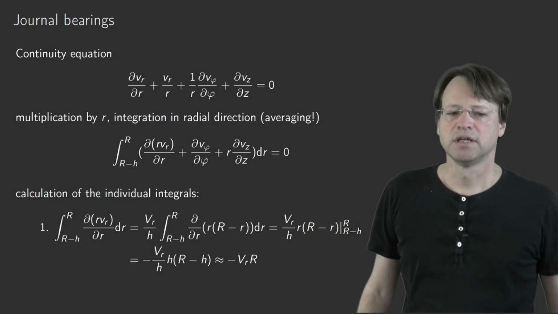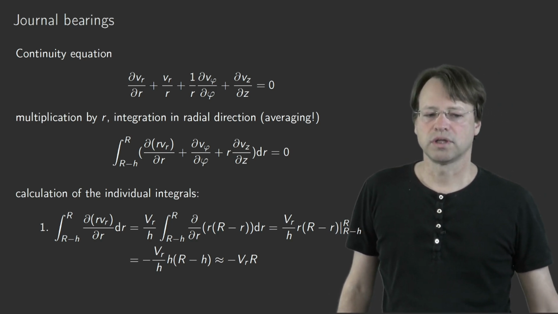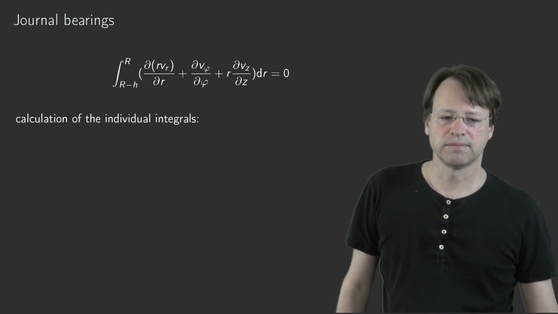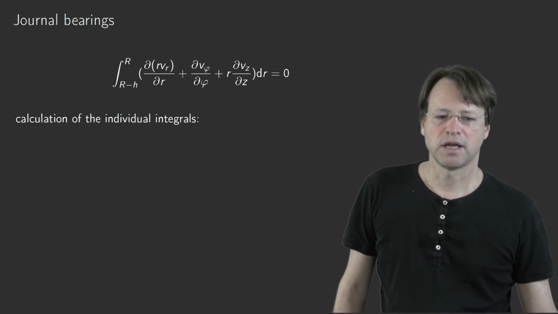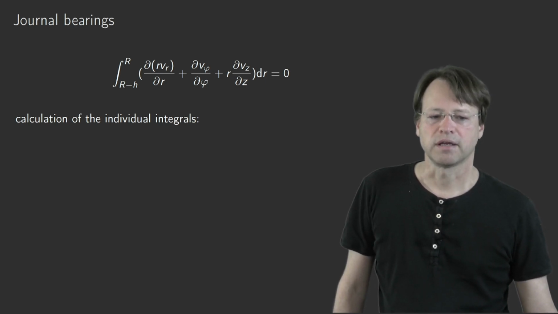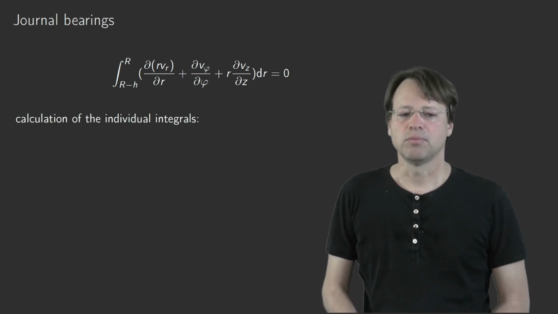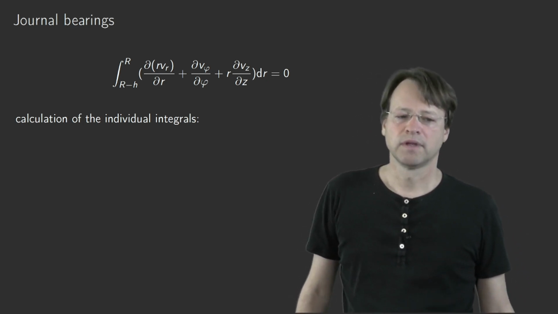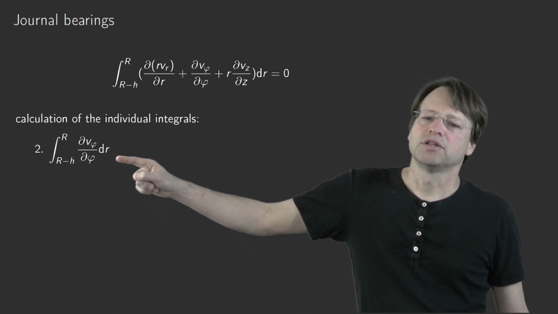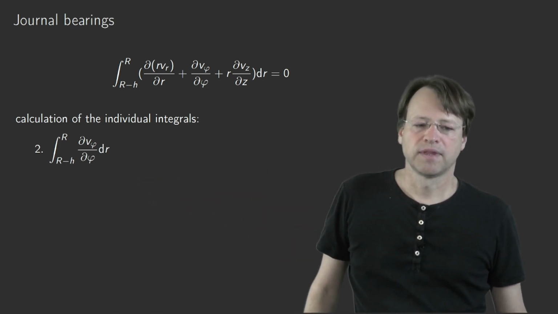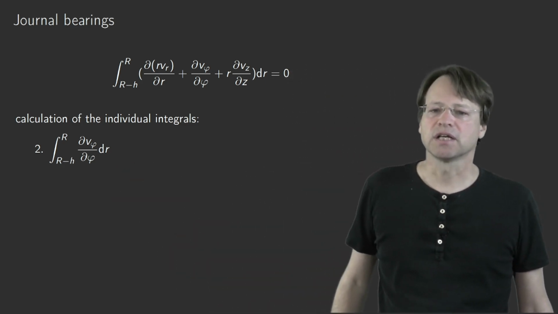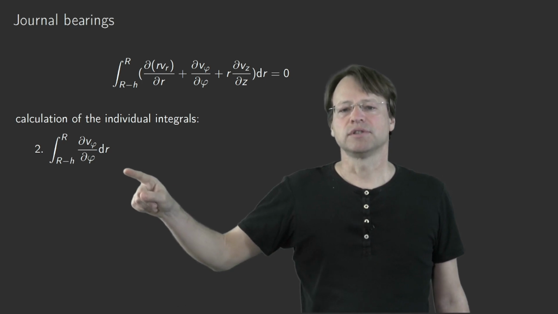For the next integral, let's move to the next slide, which is this one here. And observe that the calculation of the integral now becomes much more involved because the integration is now still with respect to r, but the derivation inside of the integrand is with respect to phi.